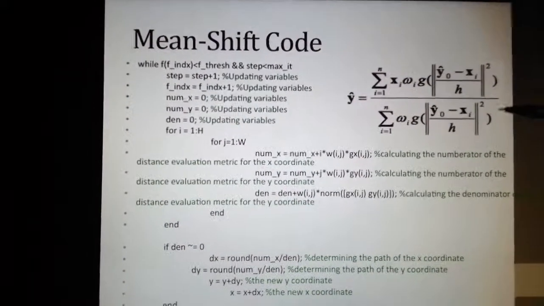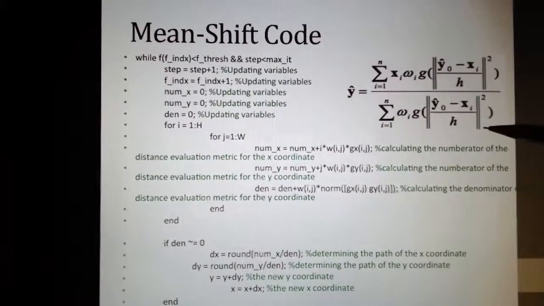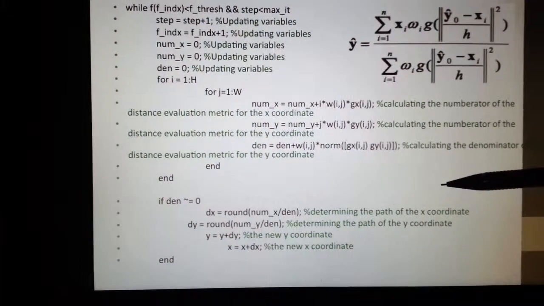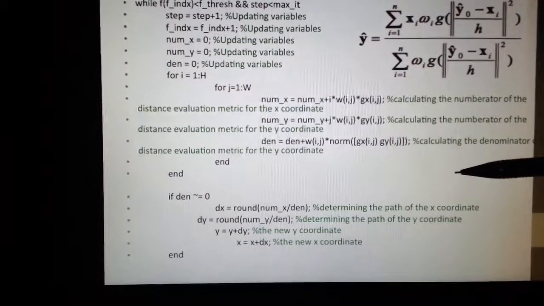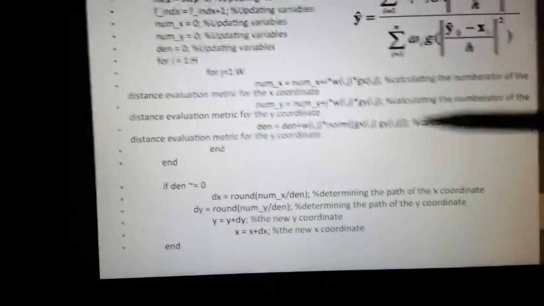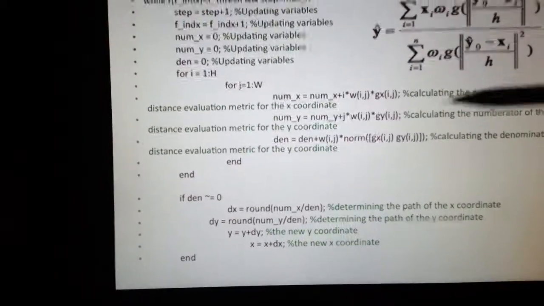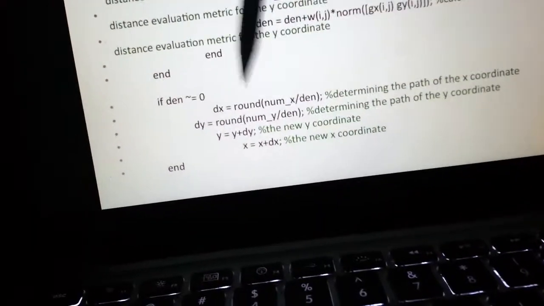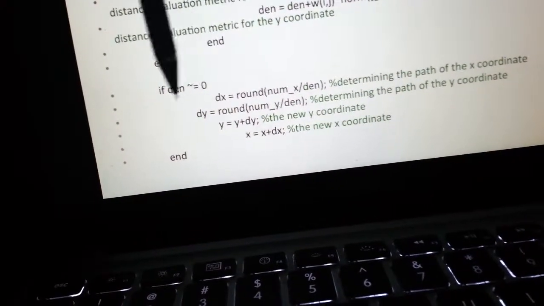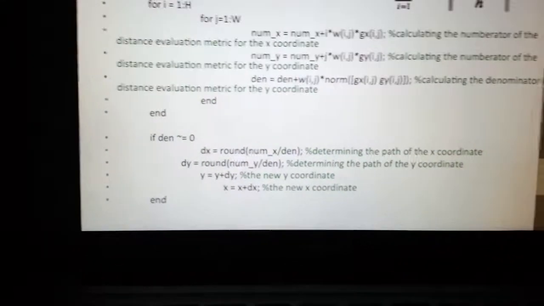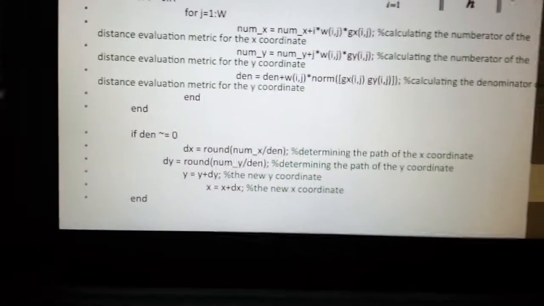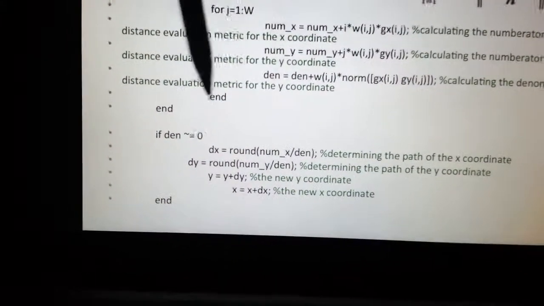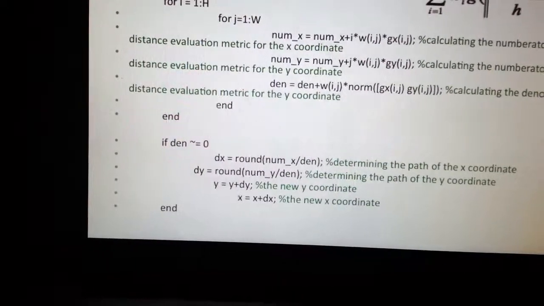Then the bottom denominator here is calculated. And to determine the new paths for x and y, the numerator and the denominator are divided here to find dx and dy, which are the new projected paths. Y and x here are the new coordinates, which are the addition of the projected paths plus the old coordinates.